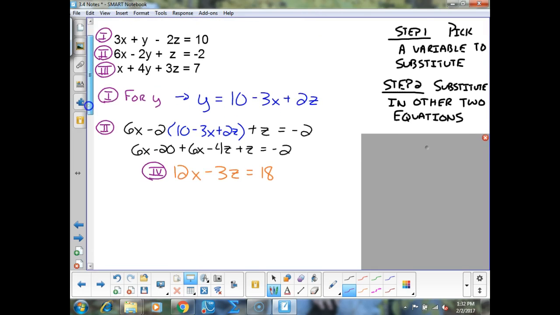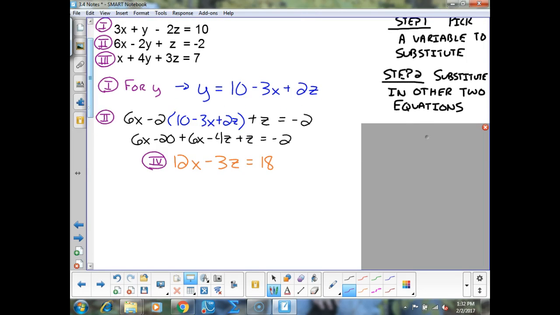Then we got to put it into equation number 3. x plus 4 times 10 minus 3x plus 2z, plus 3z equals 7.